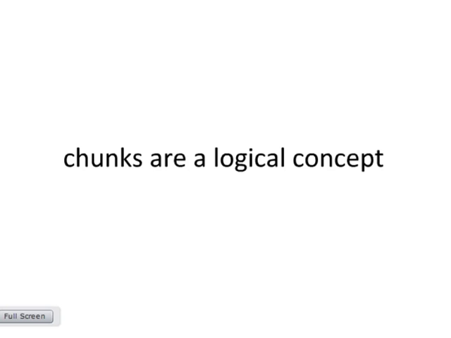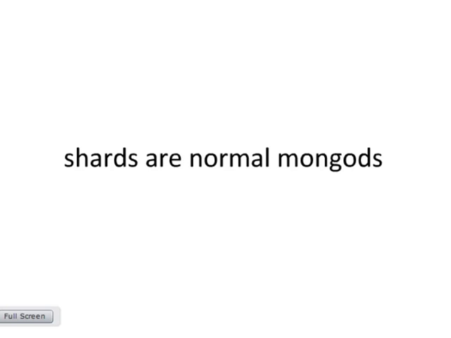It actually sort of knows that there are chunks, but it's very difficult for it to get statistics on a per chunk basis because it just sees a normal Mongo collection. It's just a normal MongoD holding some data. Which brings me to: shards are just normal MongoDs. They just are holding and serving data like a normal MongoD. So you can monitor them, log into one, and interact with it in the exact same way.